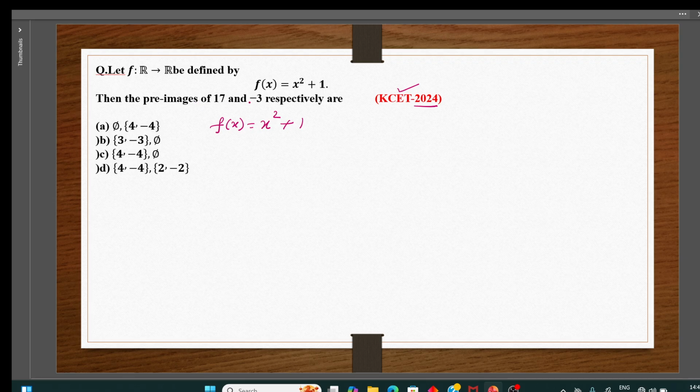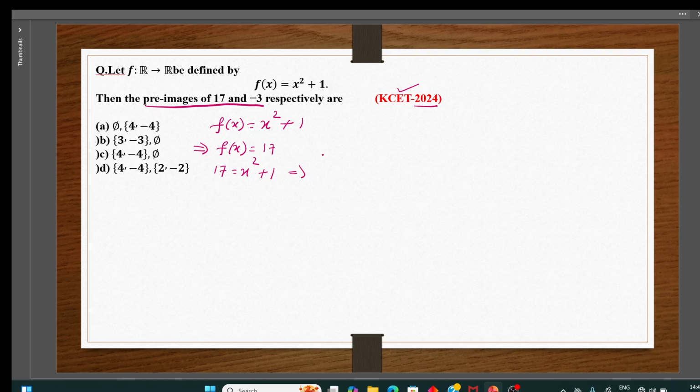So pre-images of 17 and minus 3 means, first case we have to consider f of x is equal to 17. So f of x is equal to 17 means 17 is equal to x square plus 1.